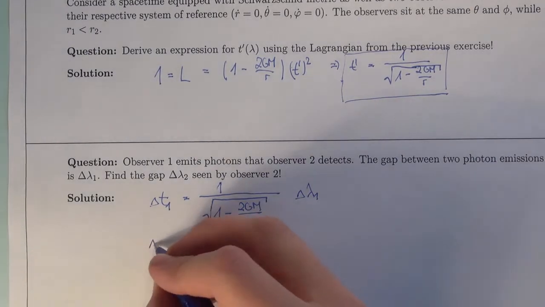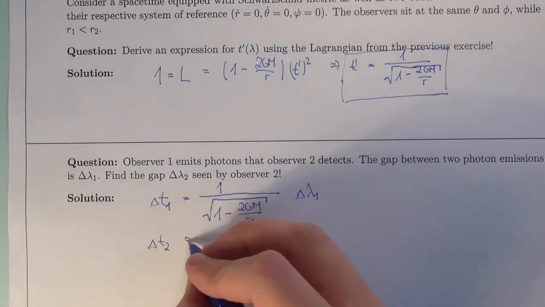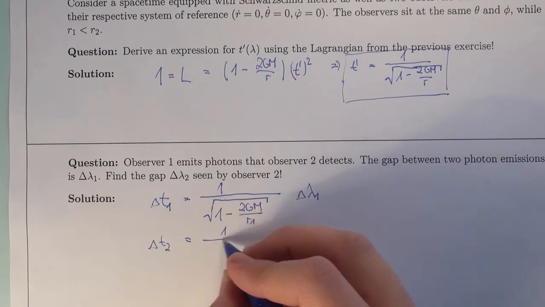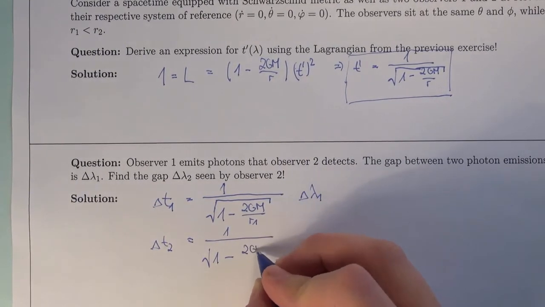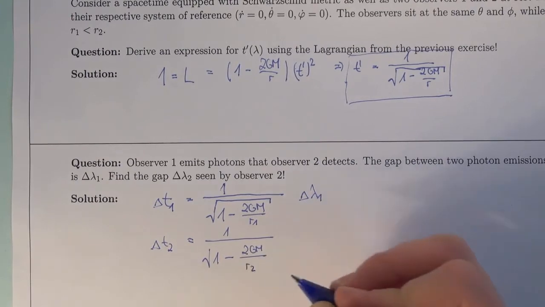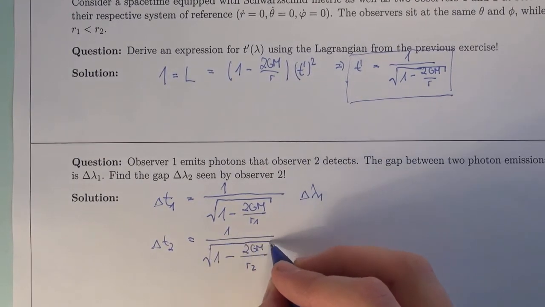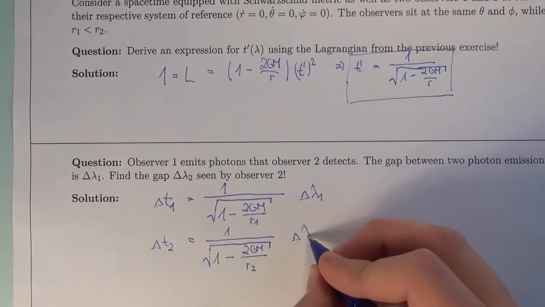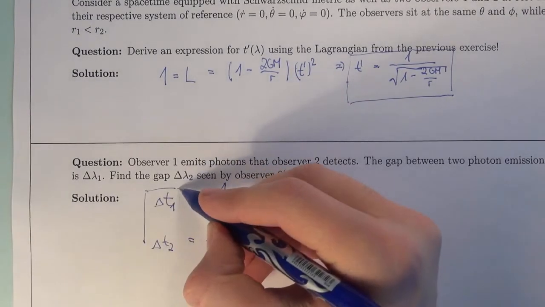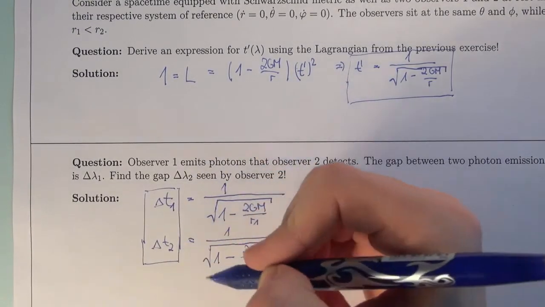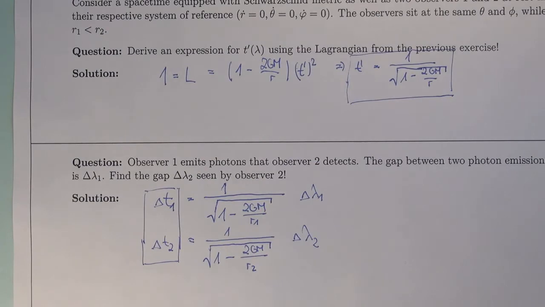And of course, for observer 2, this is delta t2. This is just 1 over the square root of 1 minus 2gm divided by r2 times delta lambda 2. So now we have to consider these two, delta t1 and delta t2.